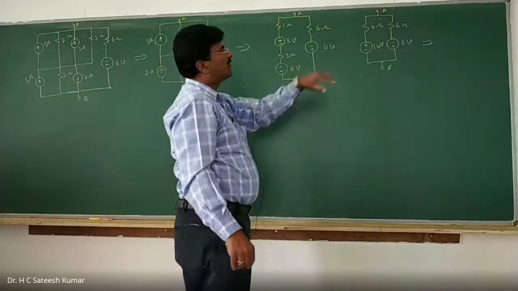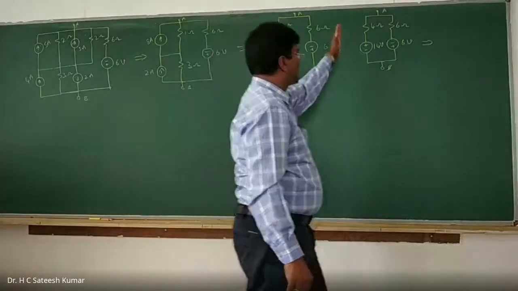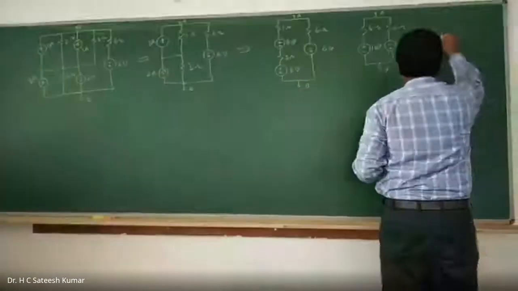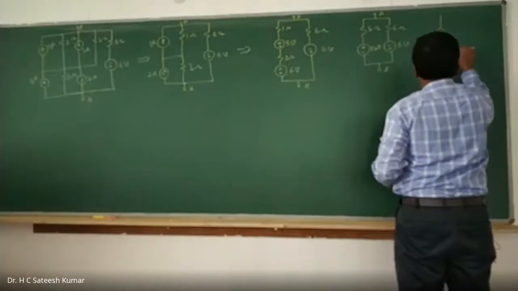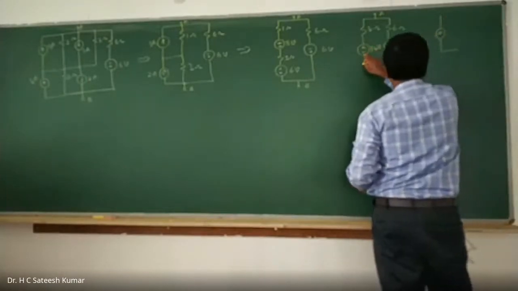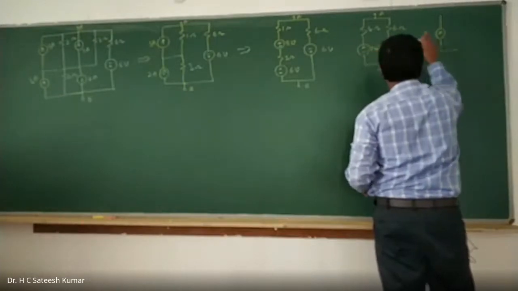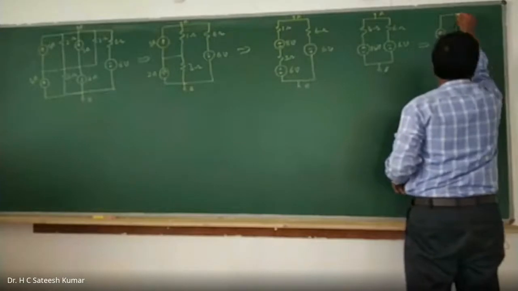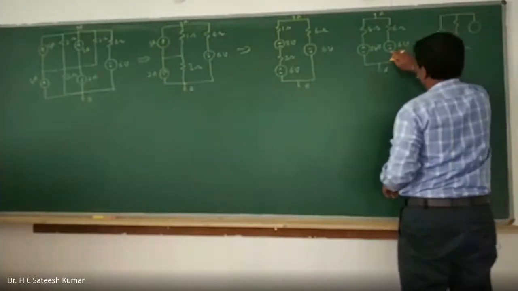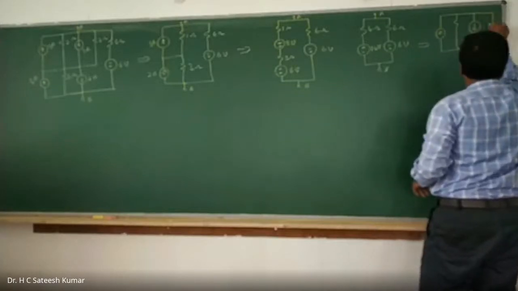Now this is a parallel connection. Therefore, convert it into current source. Both of them, this is parallel with this one. So therefore, you convert it into a current source in parallel. Positive sign, minus sign. See, therefore what will happen? Upwards. Positive is at the top, therefore it's upwards. One resistance, one more current source, but positive is at the bottom, therefore down, and one more resistance.